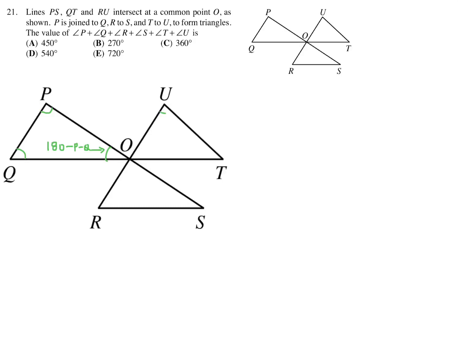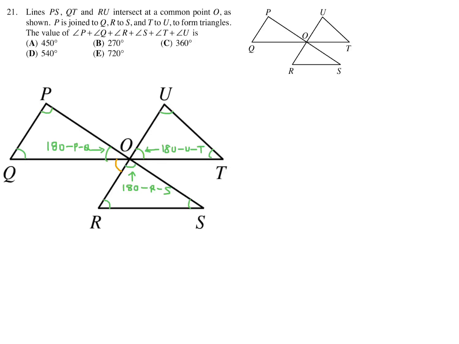And similarly, if this is U and this is T, this angle here will be 180 minus U minus T. And very similarly, if this is R and this is S, this angle here will be 180 minus R minus S.